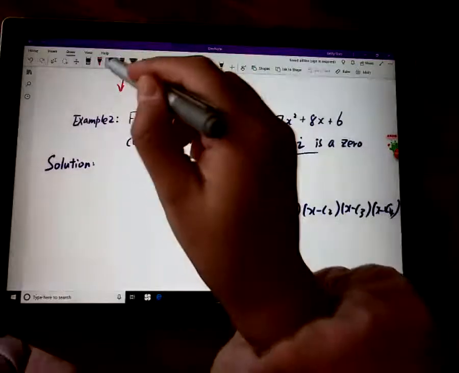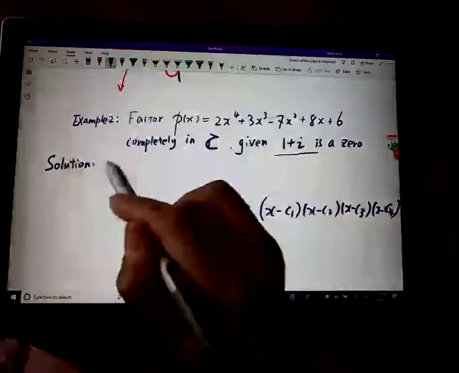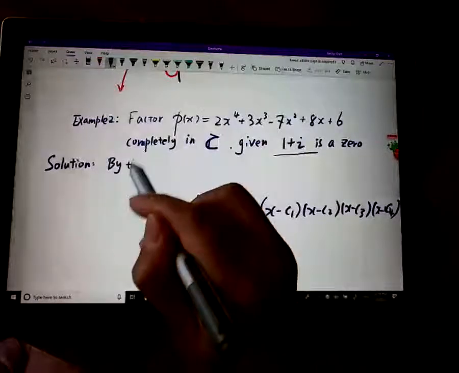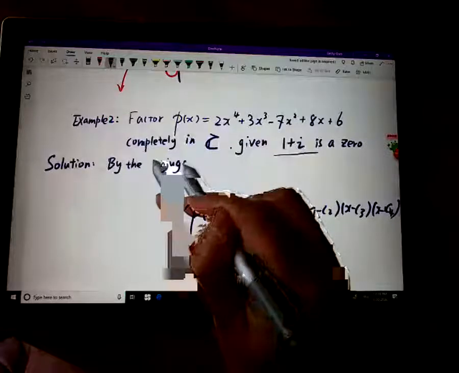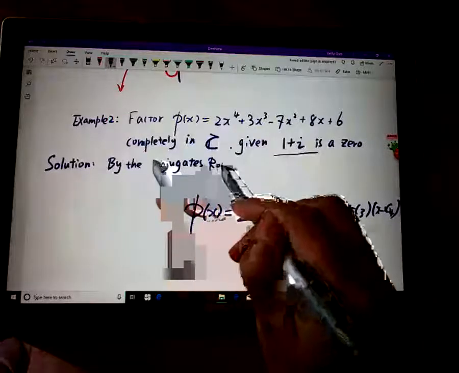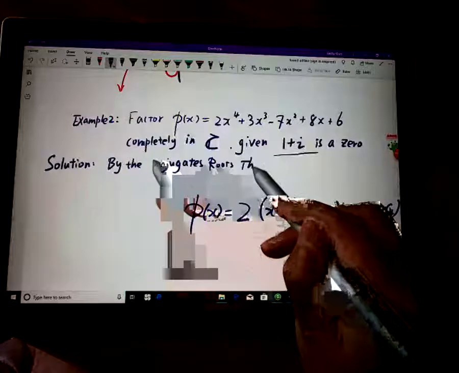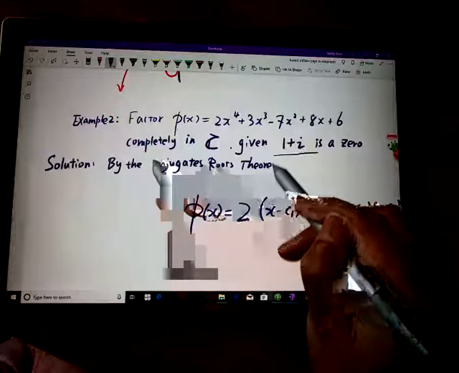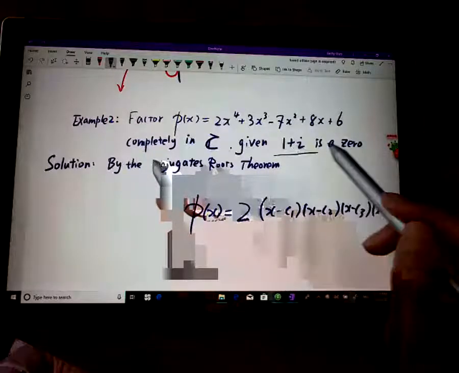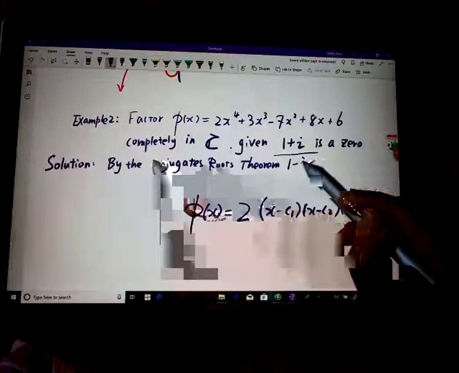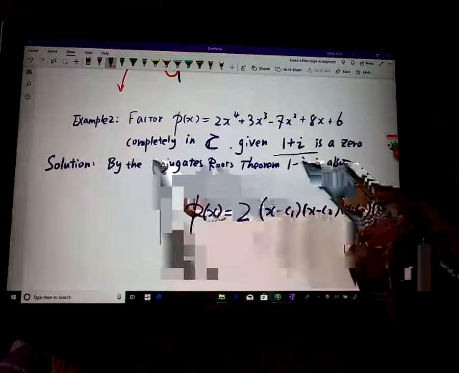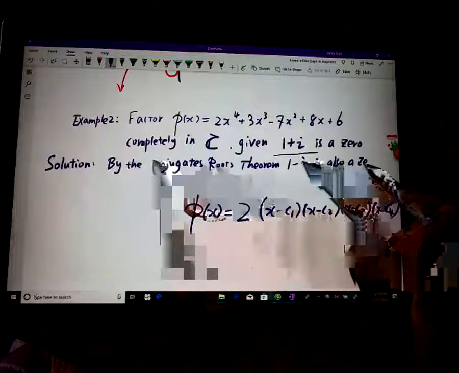Let me write it down. By the conjugate roots theorem, since 1 plus i is a zero, 1 minus i is also a zero.